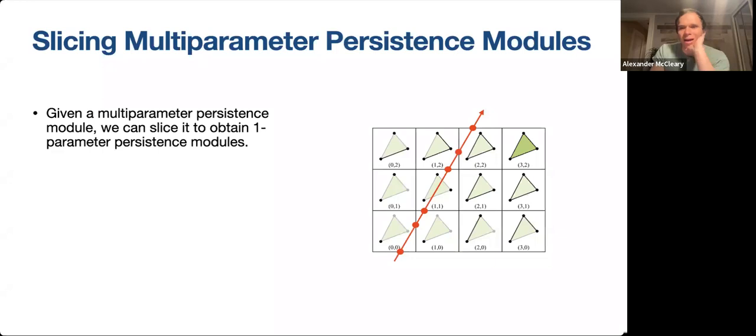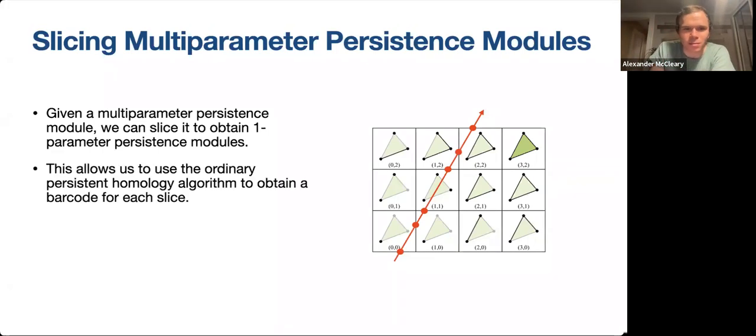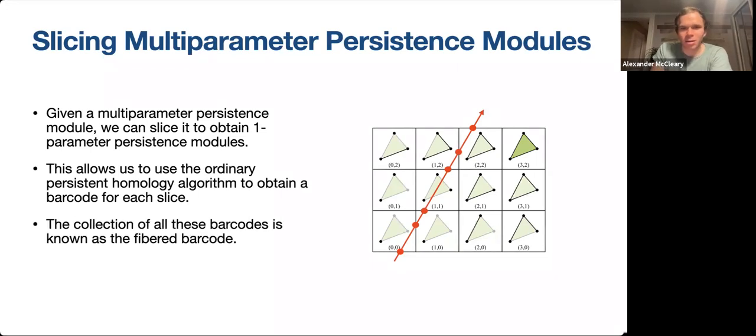We can vary the lines we choose, and we'll get a bunch of different one parameter filtrations, a bunch of different slices. With this slicing, we're taking a multi-parameter filtration and turning it into something one parameter, where we can compute the normal persistence diagram along each slice.